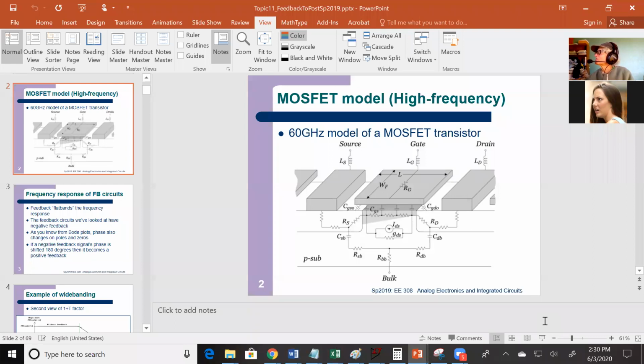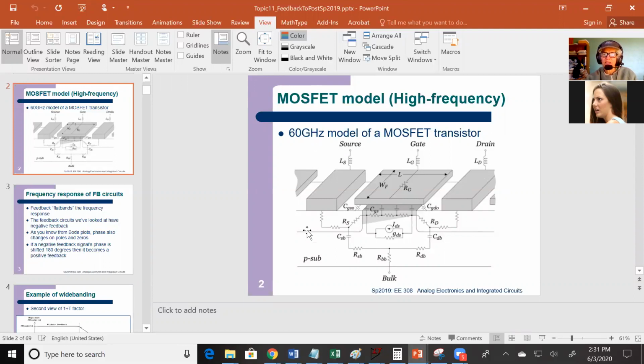The model we've been using so far without capacitances, for low frequency, that's perfect. That works well. But as soon as the frequency starts to go up, now you have to pay attention to the capacitance. Now, if you keep the frequency going higher and higher, eventually you have to start taking inductance into account and all sorts of other resistances and other capacitances.